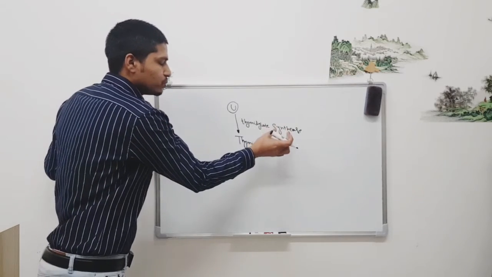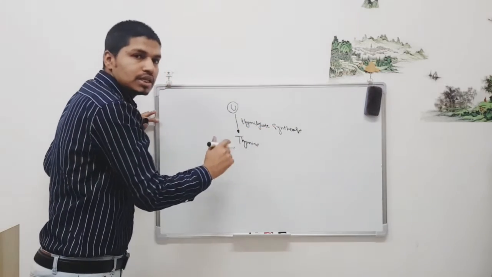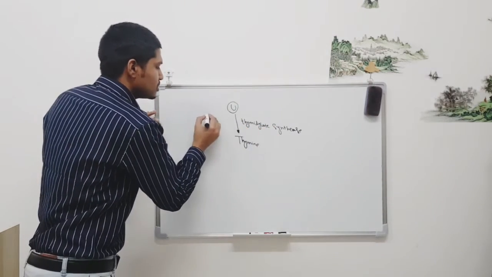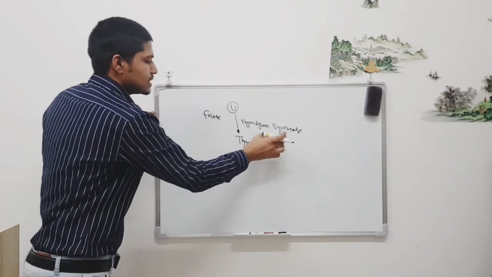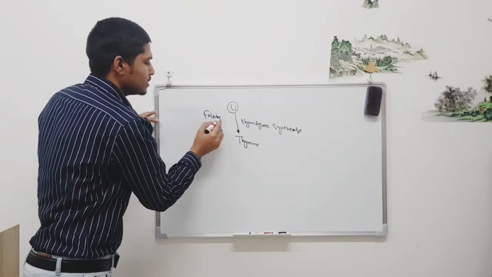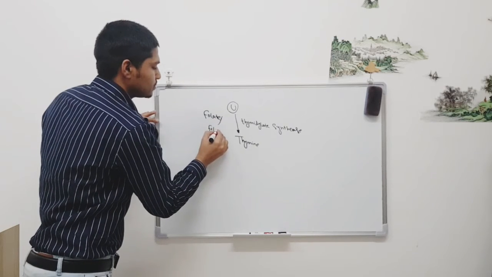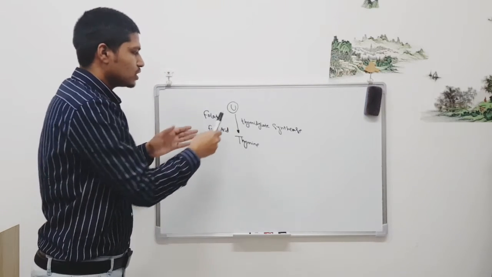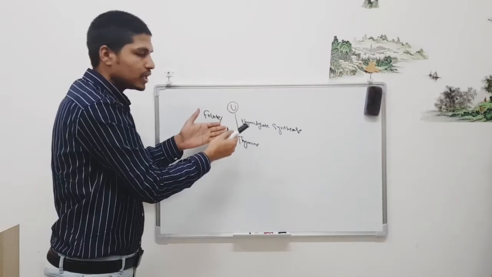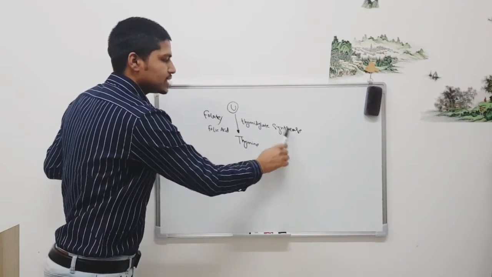To perform its functions, this enzyme needs folate, or you can also call it folic acid. So look at this. If you have to convert uracil into thymine, you need the enzyme thymidylate synthase.